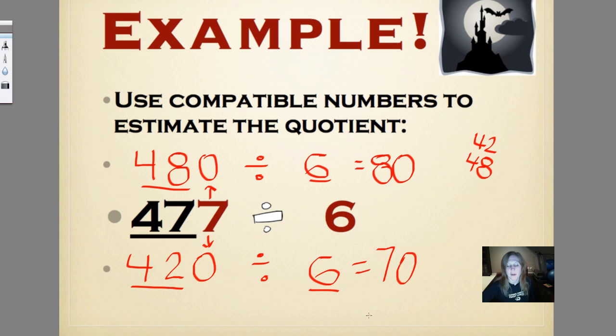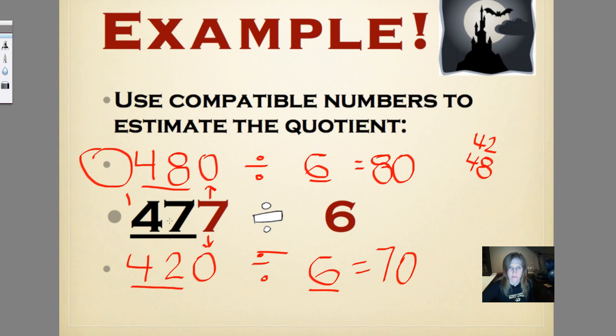So the compatible number underneath comes up to 70, and the one above it comes out to 80. One of those will be a closer estimate. Ideally, the one that is closest to 47 should come out as a closer estimate. So which one of these is closer to 47? That's right, 48 is closer to 47.